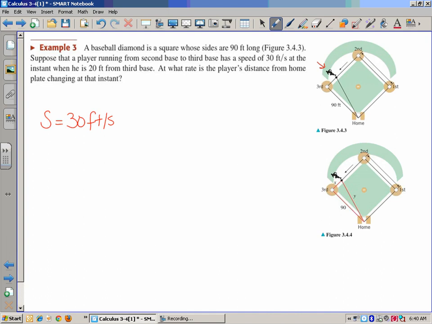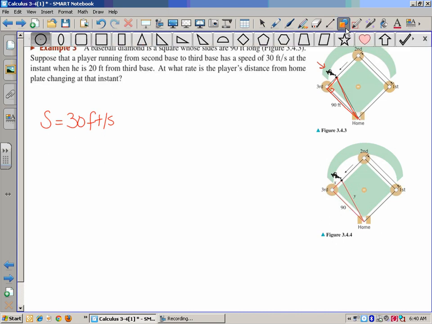So you can see here in the picture, they've kind of done a nice job of giving you a diagram. And I've outlined there, so you have a triangle. And keep in mind that that's really a right triangle. And so what we're really looking at is he has a speed. I'm going to draw a right triangle here so I can show you.